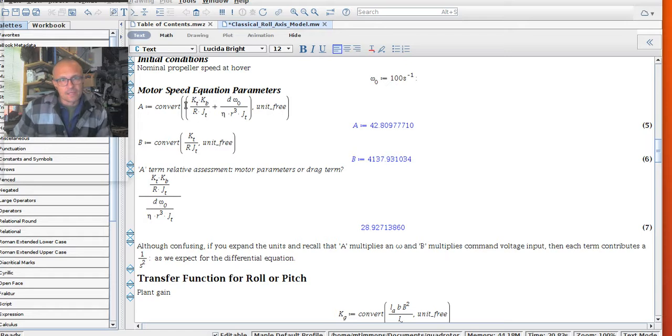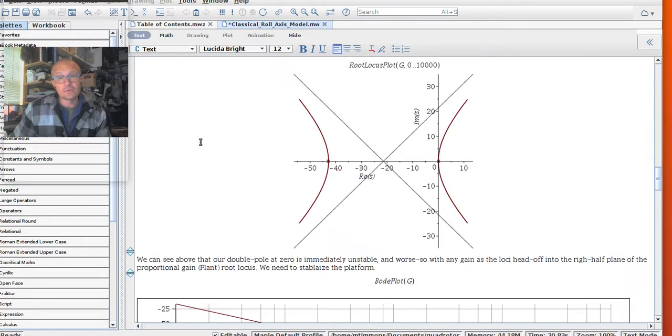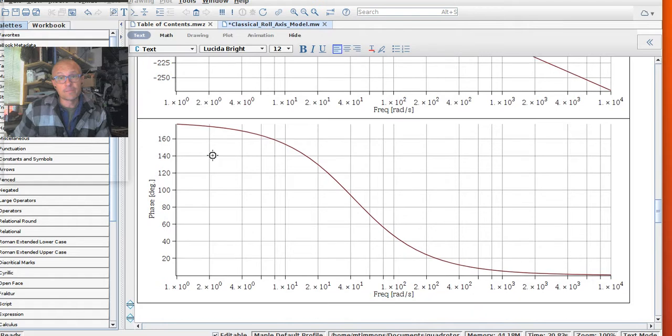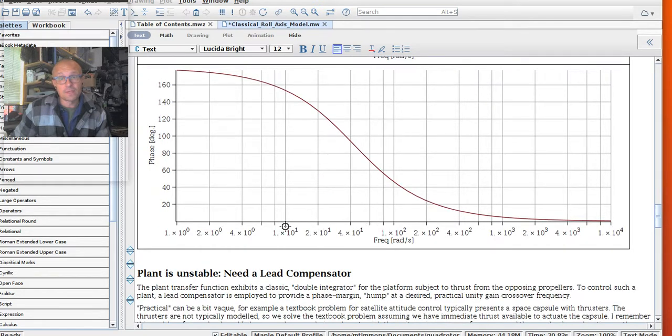What it says is, as our load goes up, that would be electrical load and this resistance, and the moment of inertia referred to the motor shaft, as that goes up, A goes down. As A goes down, this is going to move this way.